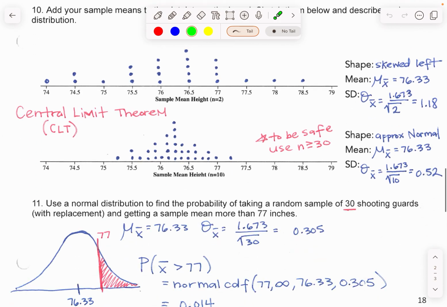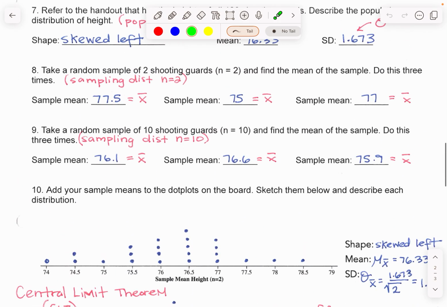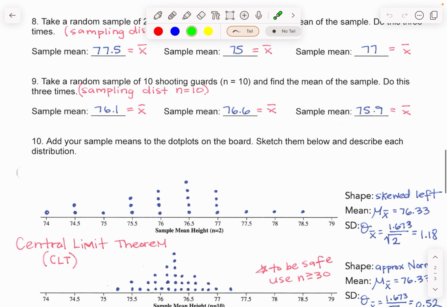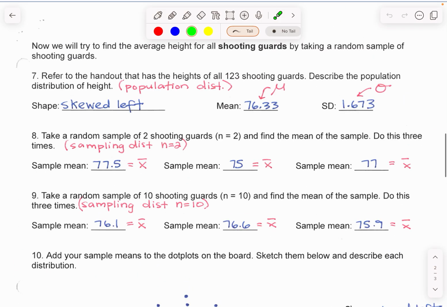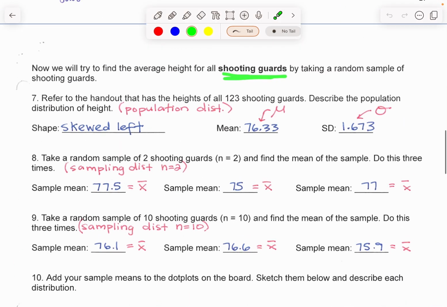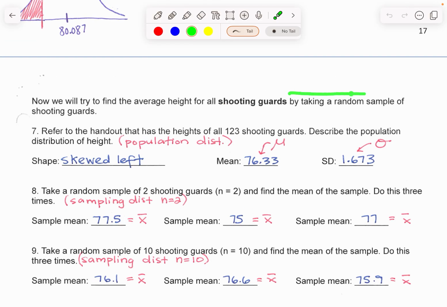We also saw that, to a certain degree, the shape of the sampling distribution of X bar takes on characteristics from the parent population. In this other example, where we're looking at shooting guards, the parent population was left skewed.